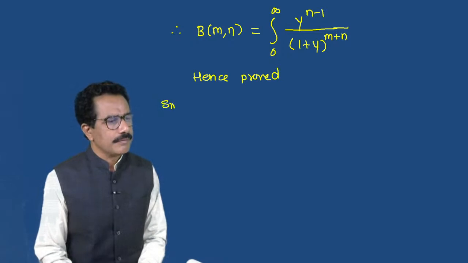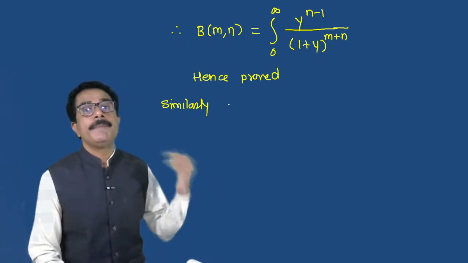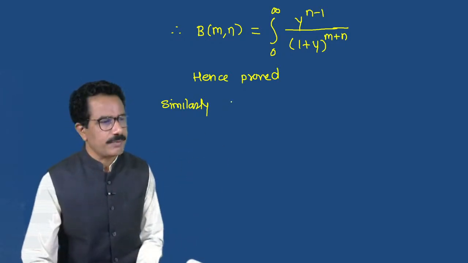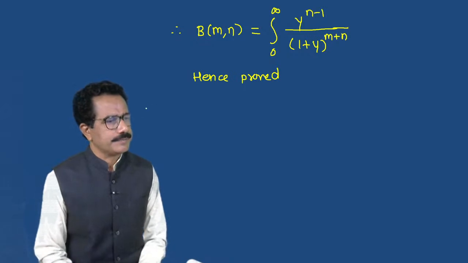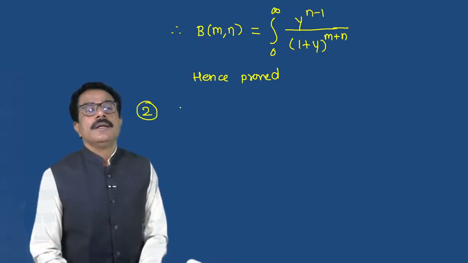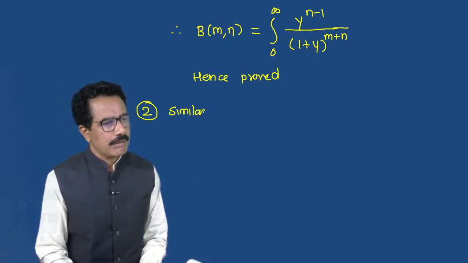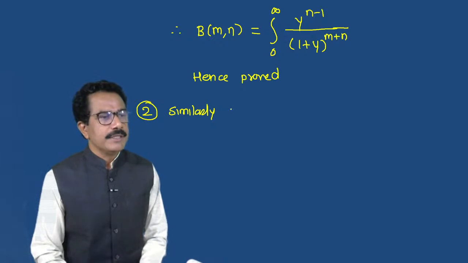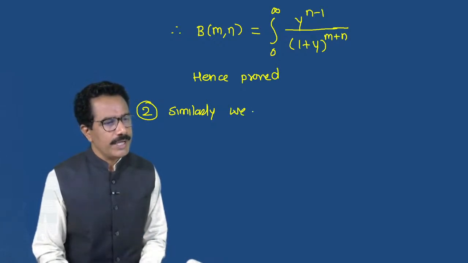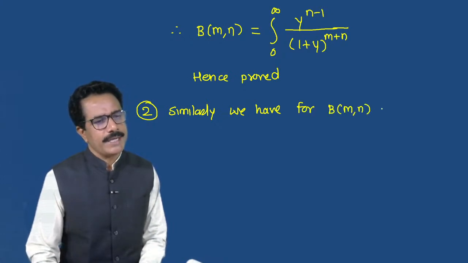Similarly, we can write that beta is interchangeable, so we can write the second transformation. We know the property that m and n are interchanging: beta of m comma n is equal to beta of n comma m.